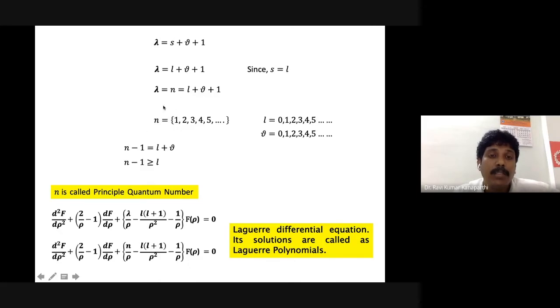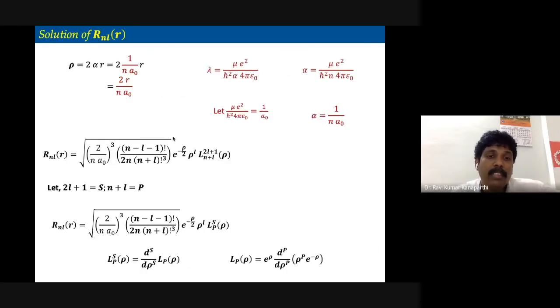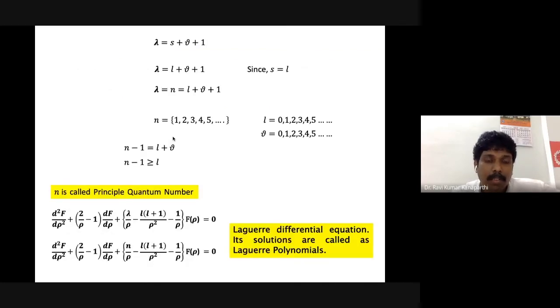And further, the constant we introduced, n, is nothing but the principal quantum number. It is basically the principal quantum number. You realize that we have not started our discussion to get this quantum number.